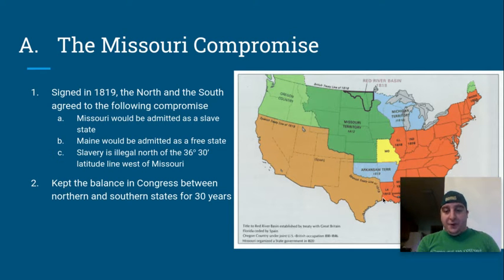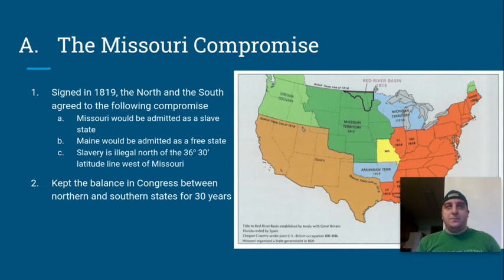Now, if you remember, all of this land here in the light orange was still part of Mexico during the Missouri Compromise. So the compromise that was reached satisfied both the North and the South.